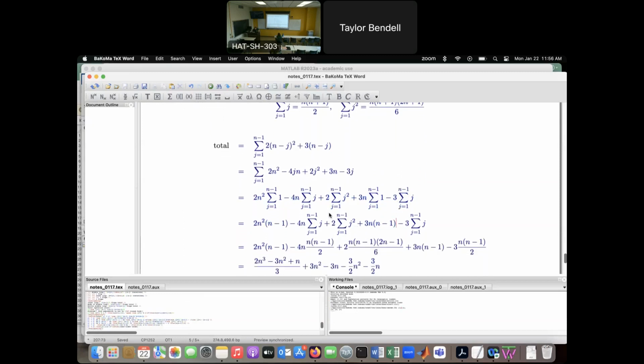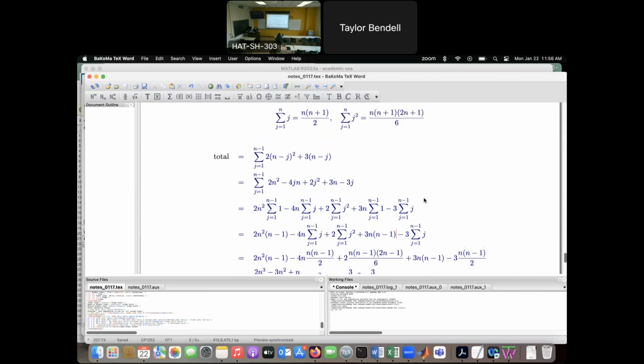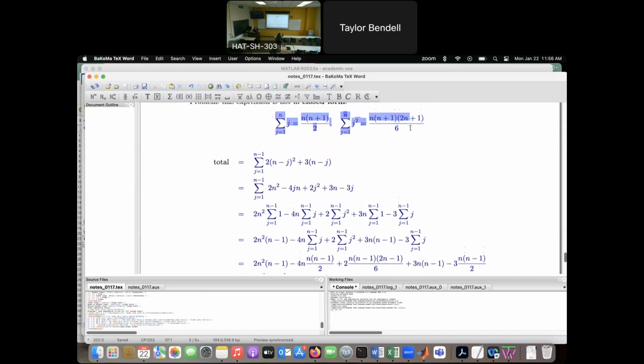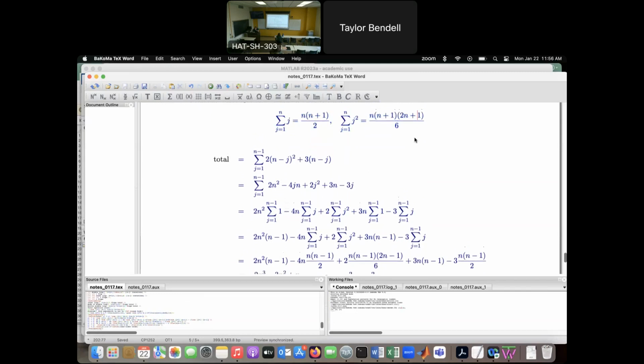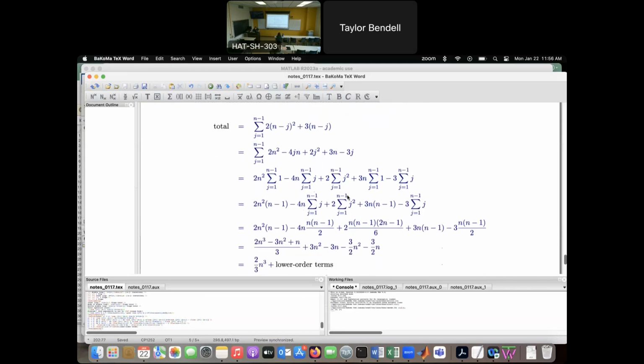And then, in all other cases, you're summing up j or j squared. So in that case, I'm applying these formulas here, here, and here. Now all of the summations are evaluated.